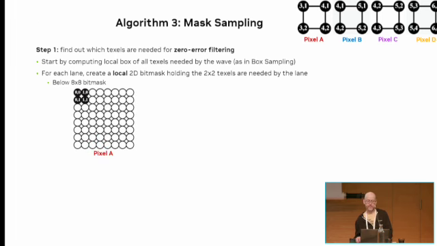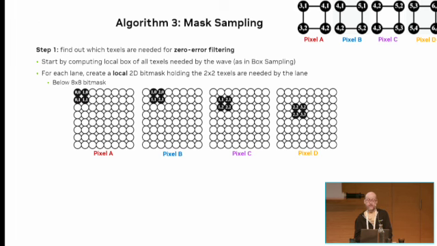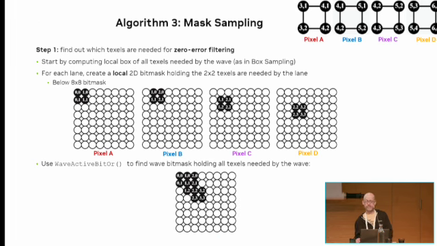So for pixel A here, and again, we've subtracted the upper left corner, we just mark the 2x2 bits in the bit mask. And then we can do a wave OR over these bit masks, and that gives us a bit mask which holds all the unique texels that are needed by this wave.